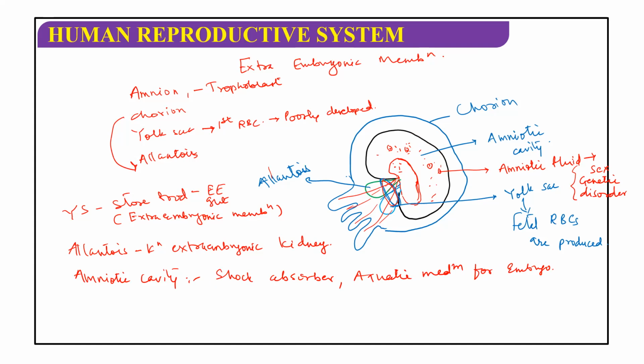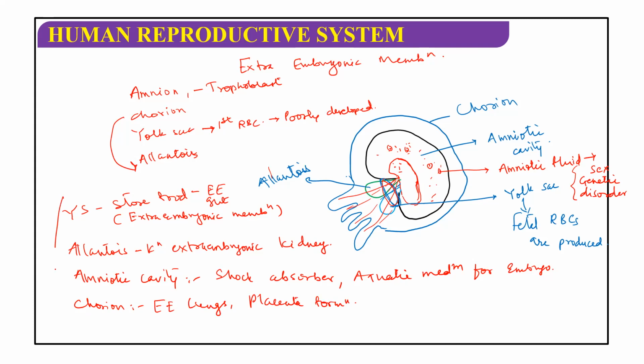And अभी बच गया कौन? कोरियन. तो कोरियन बाहर, so the mother has the... ठीक. Chorion is an extraembryonic lung and also participates in placenta formation.